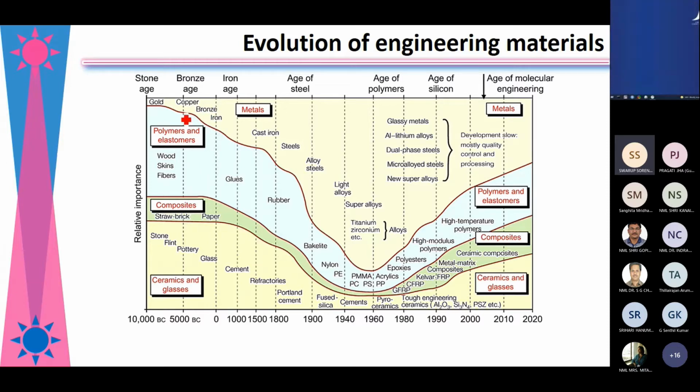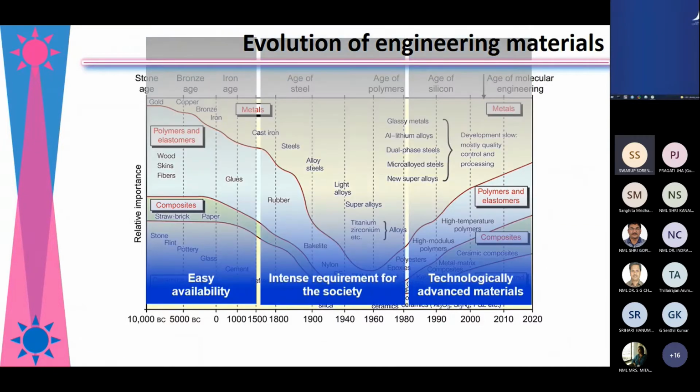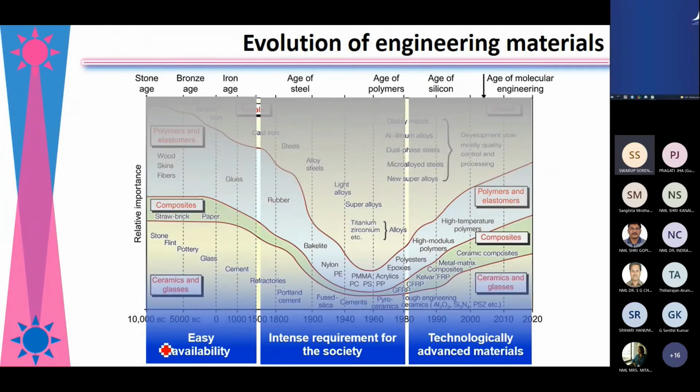Initially there were copper, gold, bronze, iron, like that, and then the importance of metals increased, and finally the importance of polymers, elastomers, composites and ceramics increased. All these things happened because in prehistoric times, when we did not have technological advancements, we had easily available naturally occurring composites, glasses, or polymers.